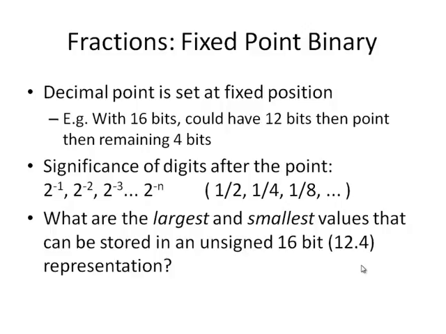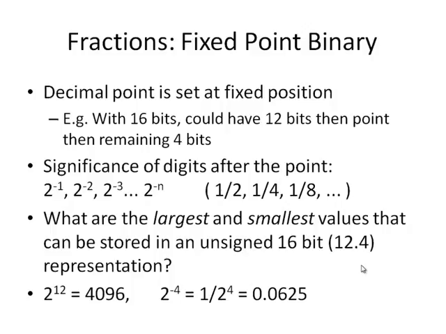So if we've got an unsigned 16-bit fixed point representation, the smallest value we're going to be able to represent, the smallest positive value greater than 0, is going to be 1/16. The largest value, well, 2 to the power of 12, plus a half, plus a quarter, plus an eighth, plus a 16th.